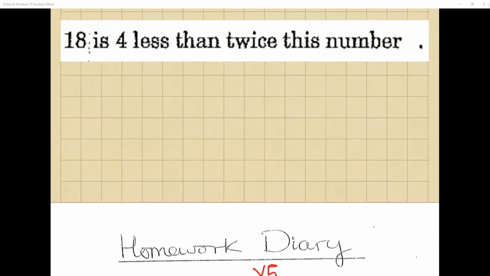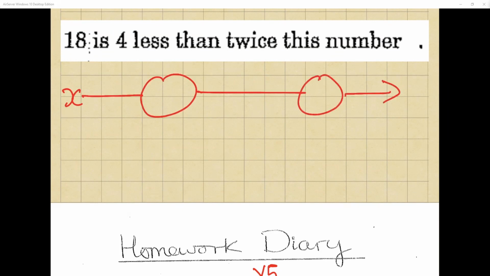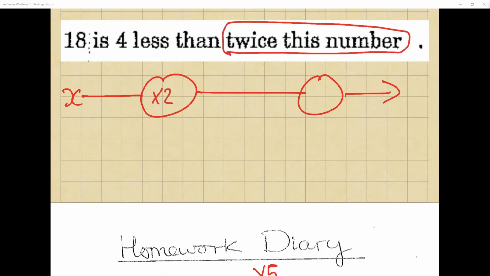Musa, go. 18 is 4 less than twice this number. So what do you do first? Times by 2. Absolutely. What do we do last? Minus 4.